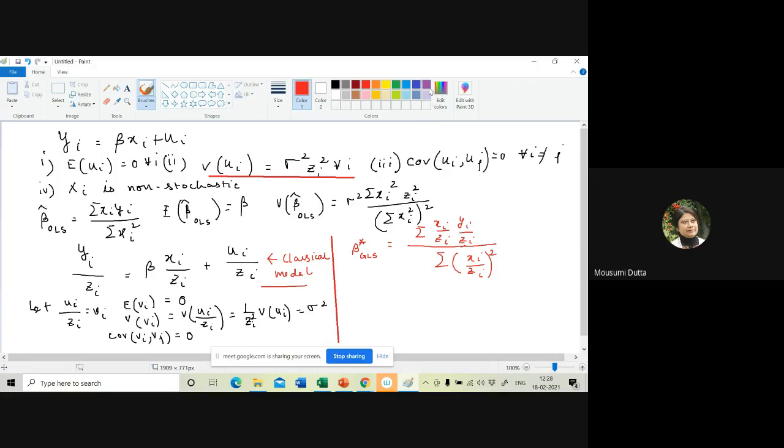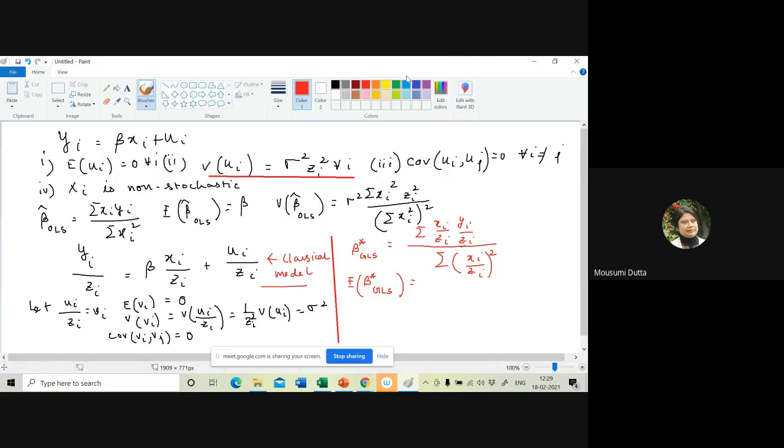And then you need to check whether this is equal to beta or not. So do the steps. Find out expectation of beta star GLS. Replace Yi by Zi by beta Xi by Zi plus Ui by Zi.